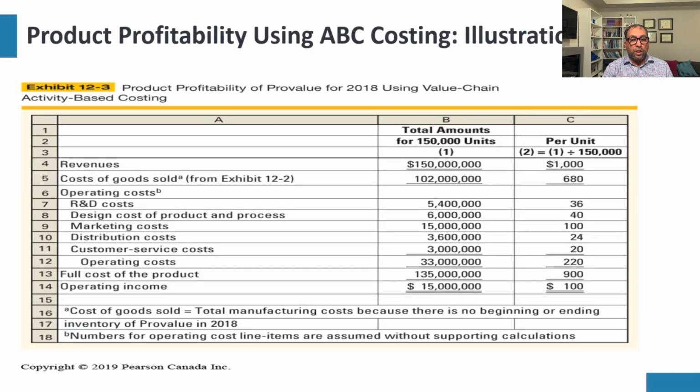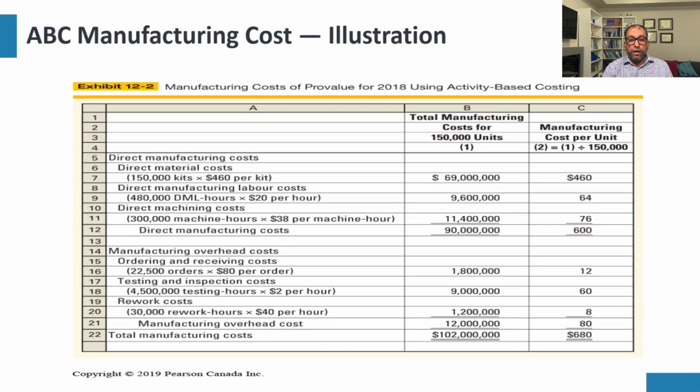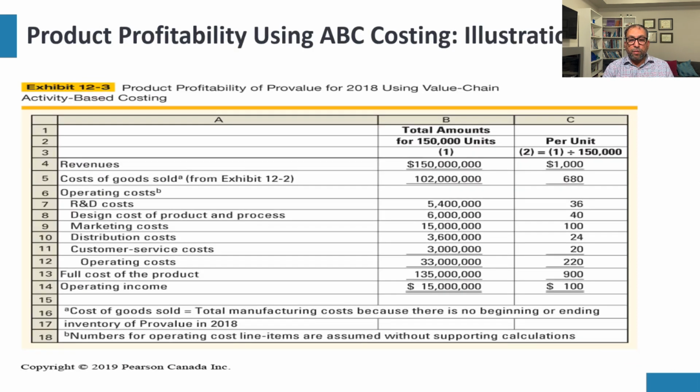Now we have to see how much revenue they can generate and how much cost of goods sold we have to charge, and see whether the company is earning a profit or not. So, for example, they are able to sell these 150,000 units at a price of $1,000 per unit. And this way, we see that they are generating 150 million.